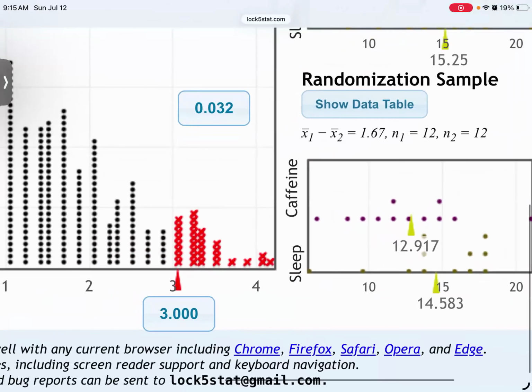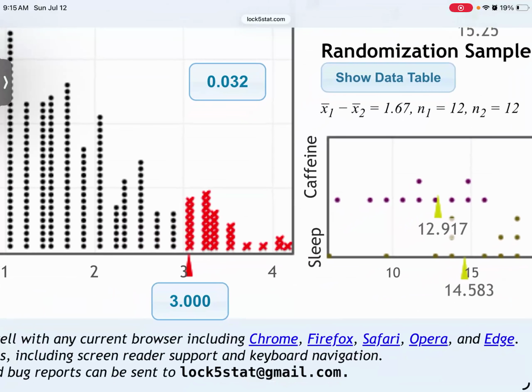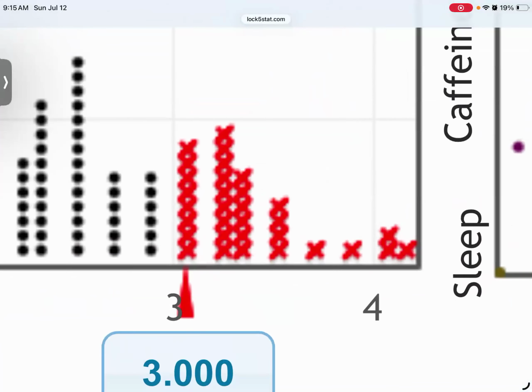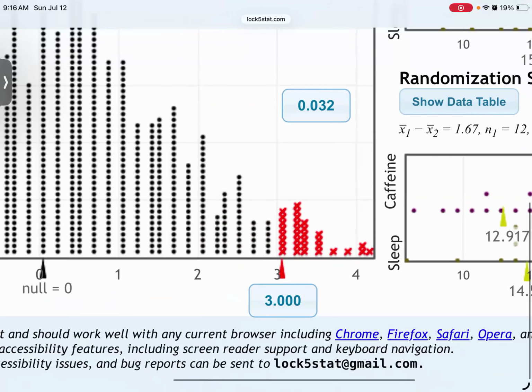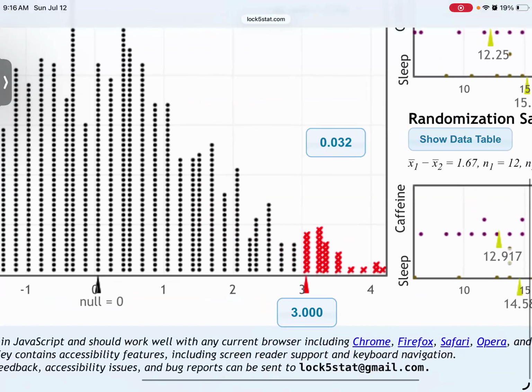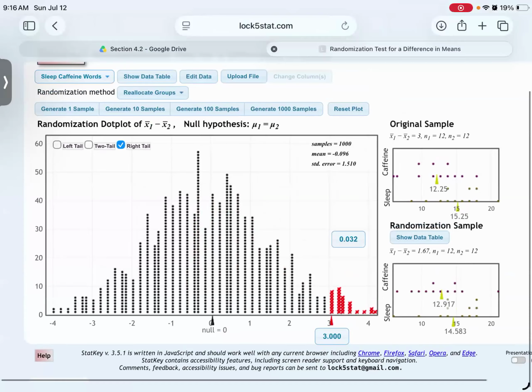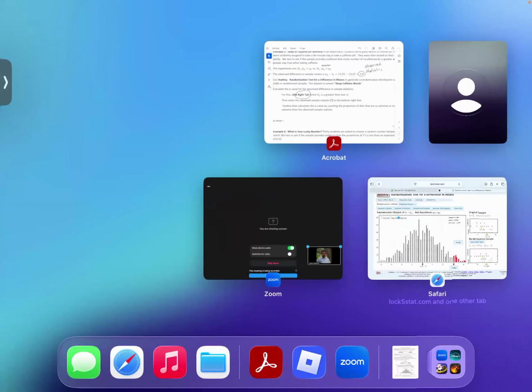Now, the other thing that you might also notice is that right now it's counting that first column entirely and then everything to the right. If it doesn't perfectly count your first column the way that you think it should, that's okay as long as you manually put it in. Now, my p-value is 0.032. Again, we will not be getting the exact same p-value because of the randomness. But I'm going to go with that one, 0.032.